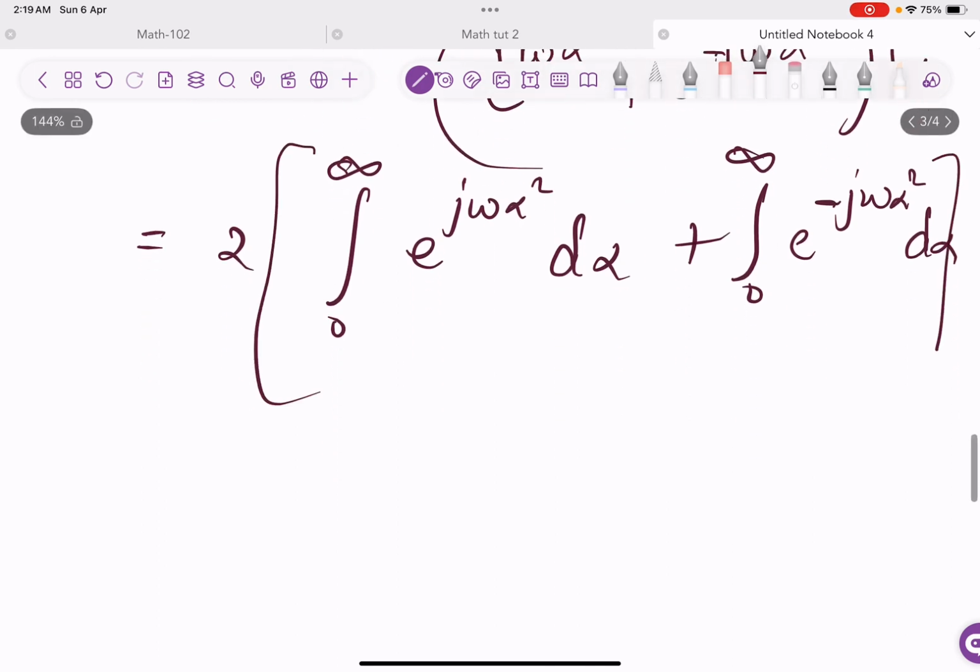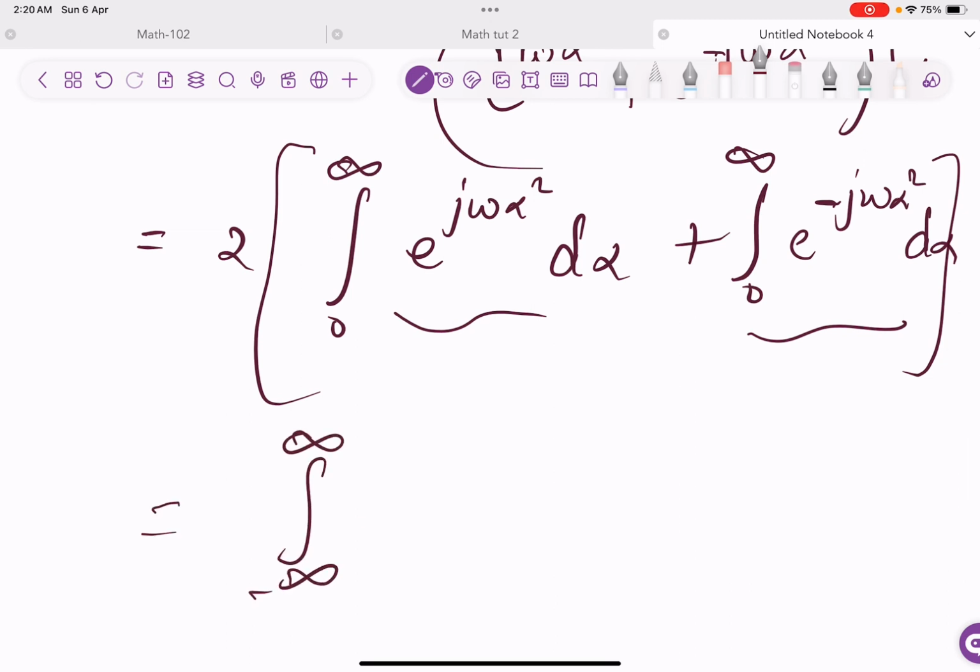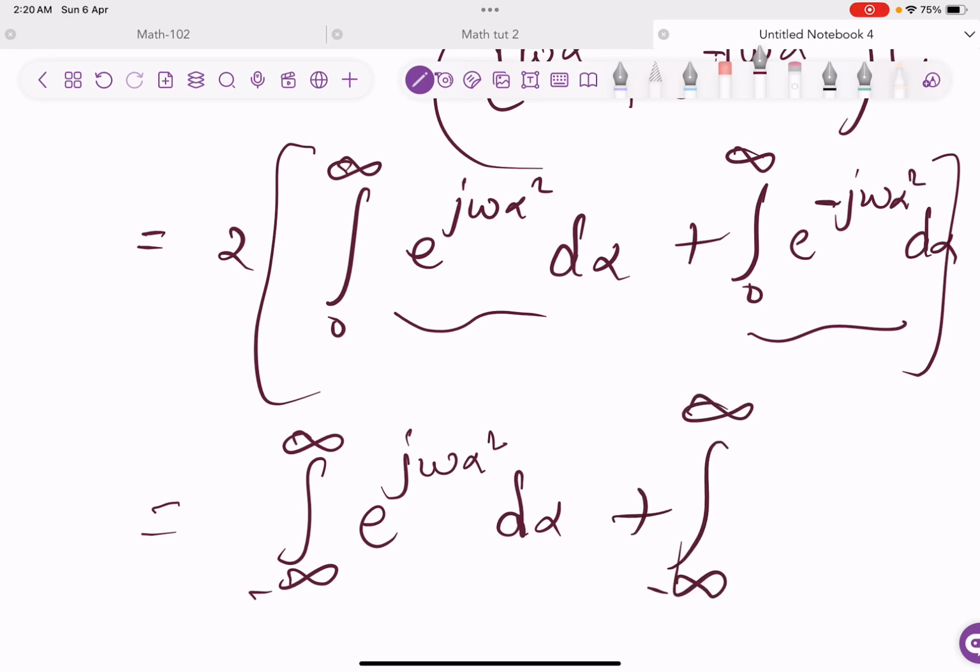Now we know, as these two are even functions, I can always write this as the integral from minus infinity to infinity of e power j omega alpha square d alpha plus the integral from minus infinity to infinity of e power minus j omega alpha square d alpha.